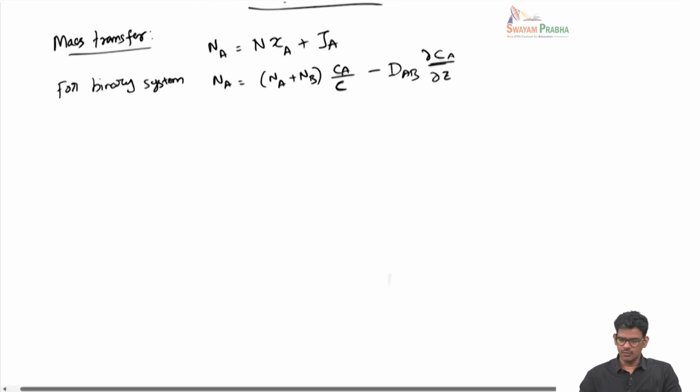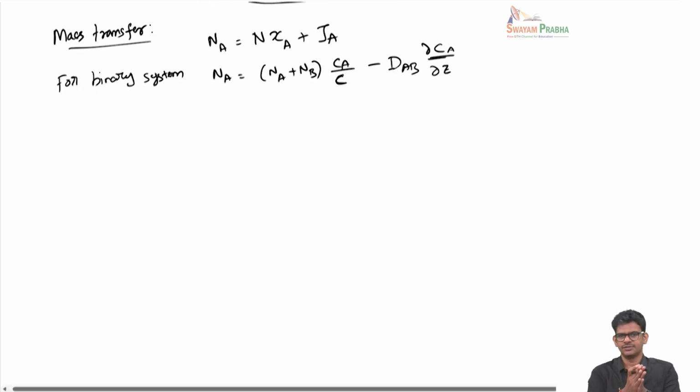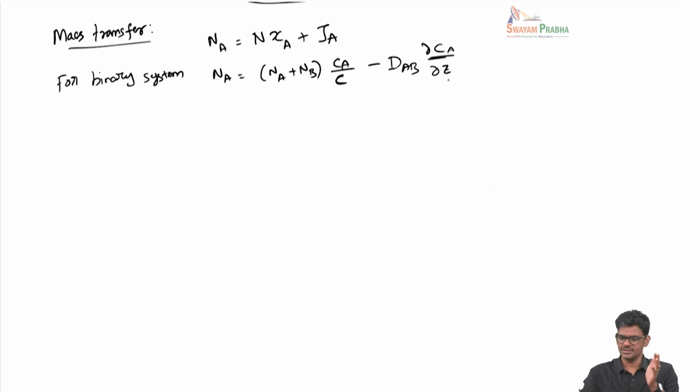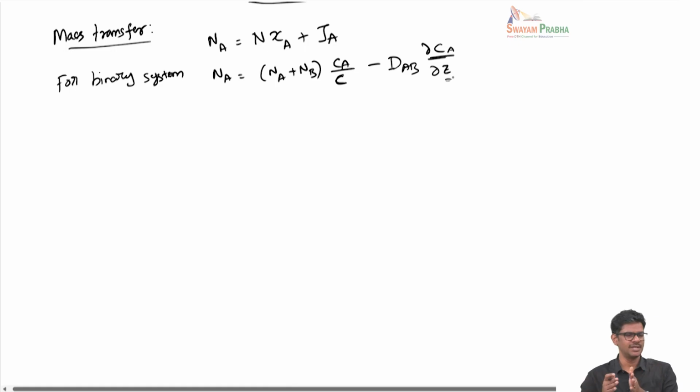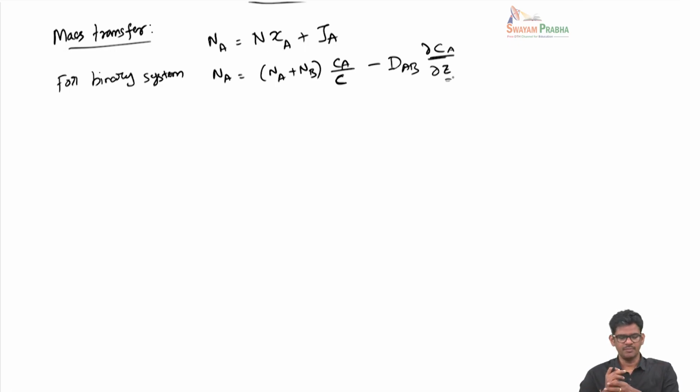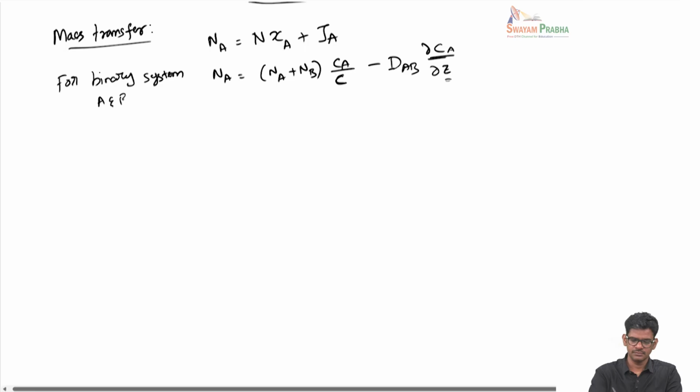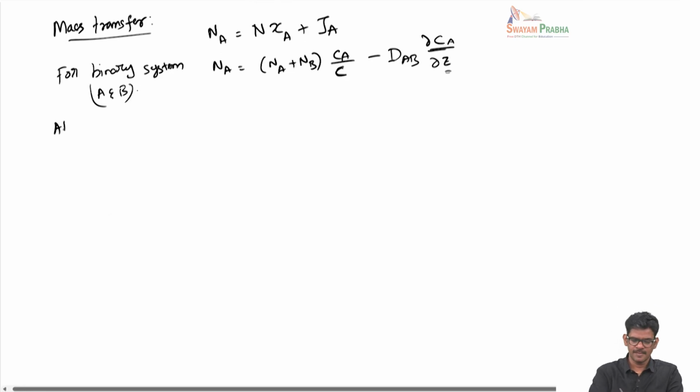Now we are looking at one dimensional diffusion. Here this Z is the one dimensional direction, and Ca is the concentration of the solute A, and A and B are the two components, a binary mixture. At steady state, the diffusion is happening in such a way that Na and Nb are constant.